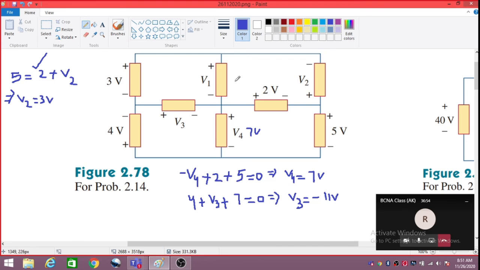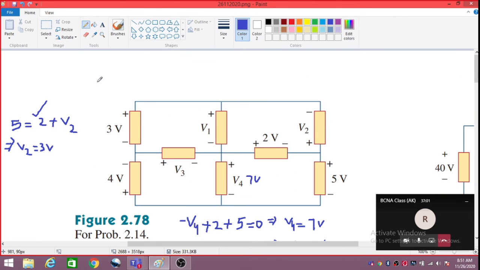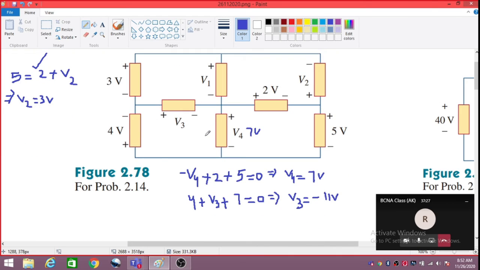Okay, next, now you can find out V1 and V2. Please try it. What will be V1 and what will be V2? If you could try, let us start here from -3 plus V1 minus V3 is equal to 0. And what was V3? V3 was -11.